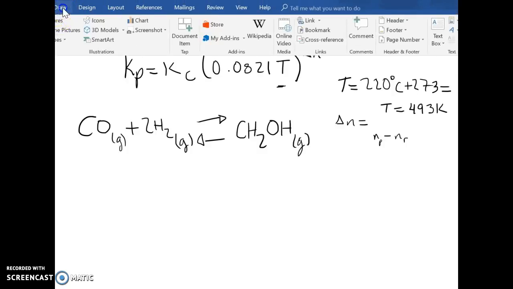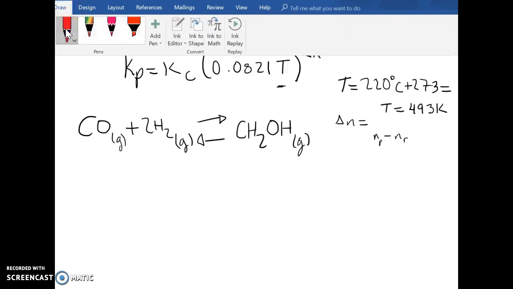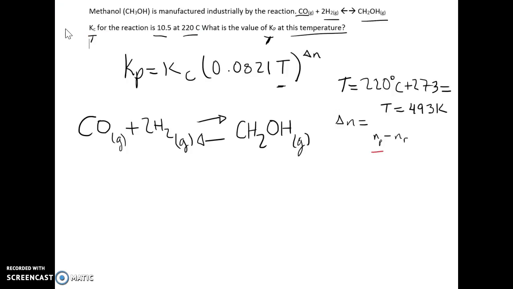And then our change in moles is going to be the number of moles of our products minus the moles of our reactants. And we see over here in our equation that I rewrote that in the moles of our reactants we have 1 mole of carbon monoxide and we have 2 moles of hydrogen, and on the products we have 1 mole of methanol.